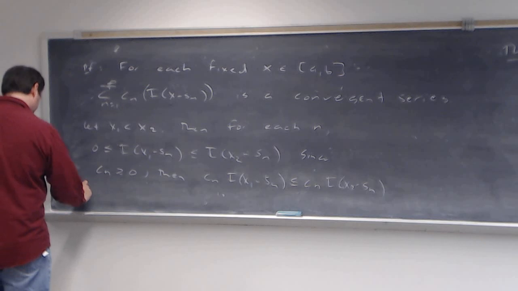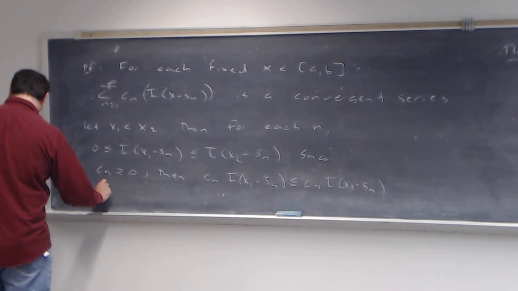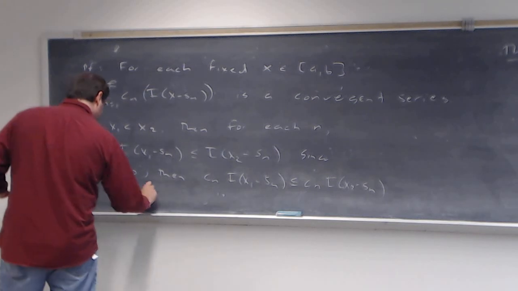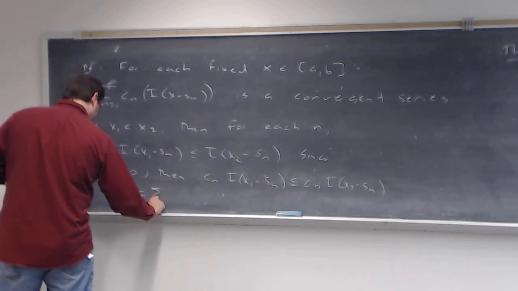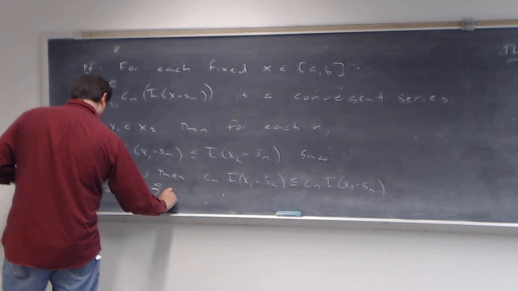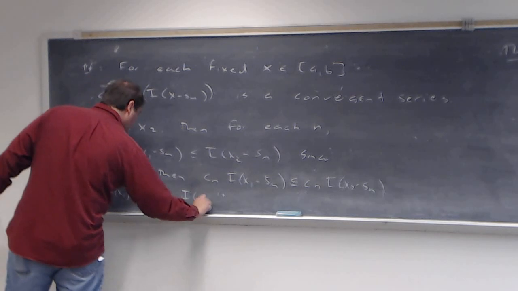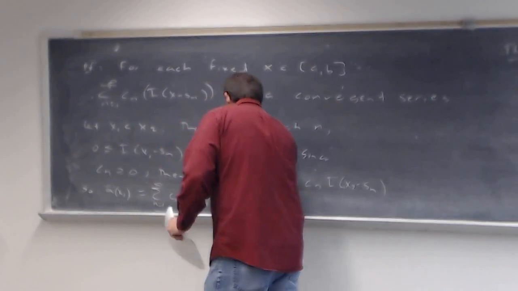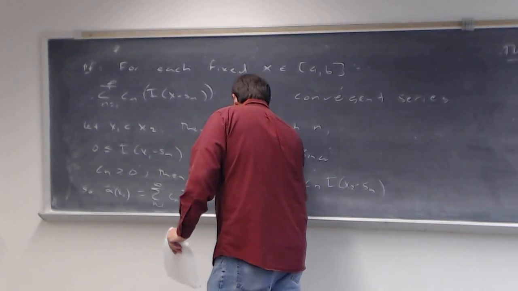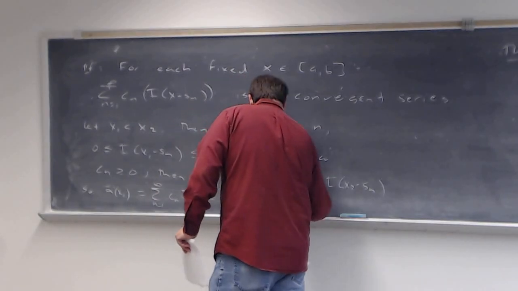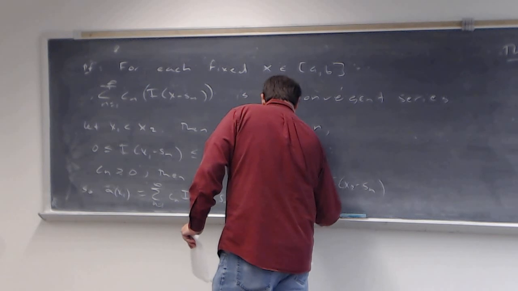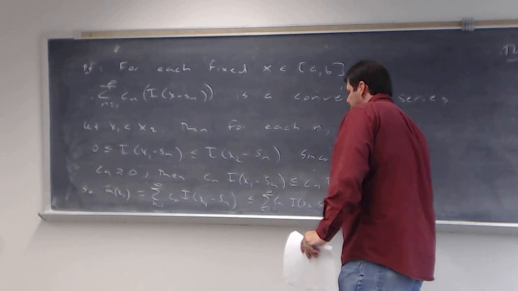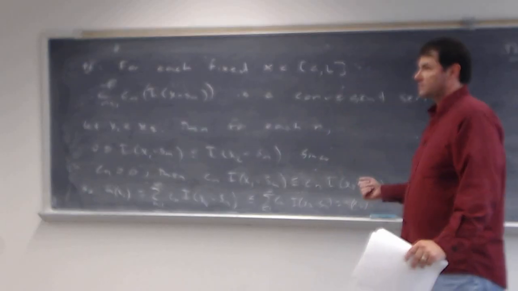And so, the final thing I'll write is that alpha of x sub 1 is equal to this sum, n running from 1 to infinity, of c sub n I of x sub 1 minus s sub n, which is less than or equal to the sum as n runs from 1 to infinity of c sub n I of x sub 2 minus s sub n, and that's equal to alpha of x sub 2. And what that shows is that alpha is a monotonically increasing function.